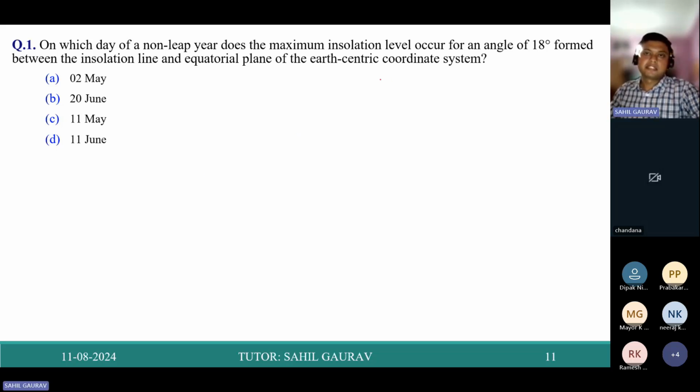So the maximum insolation level occurs for an angle of 18 degree, and what is this 18 degree? It is given as the angle found between the insolation line and the equatorial plane. So this is the equatorial plane, and this is the insolation line. What is this angle called?